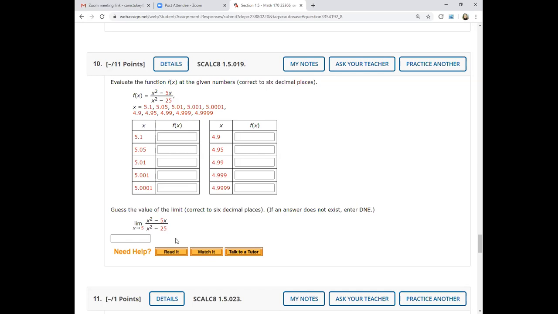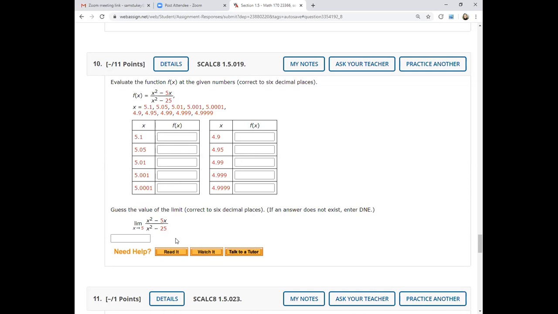This is your f of x, and your f of x is getting close to some number. So it's x squared minus 5x over x squared minus 25.